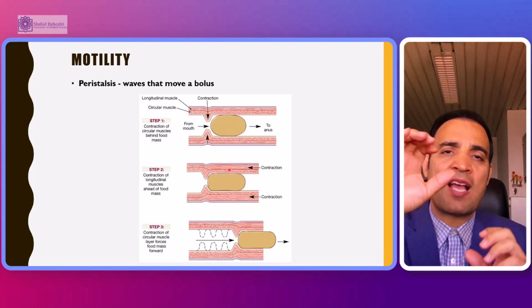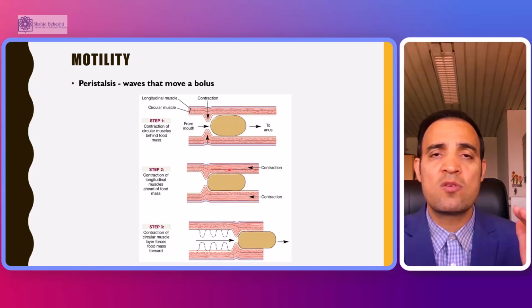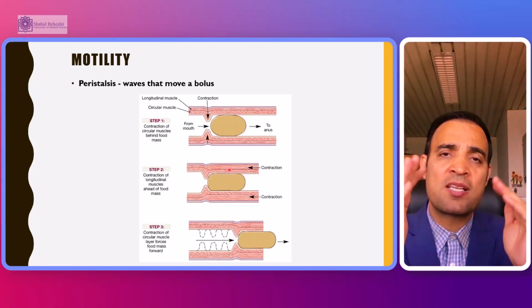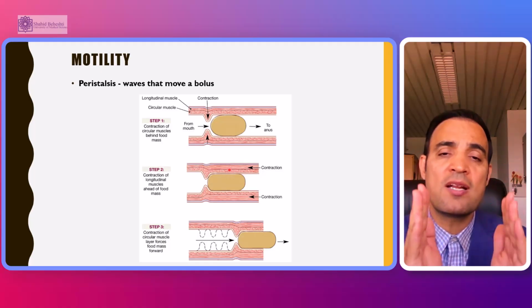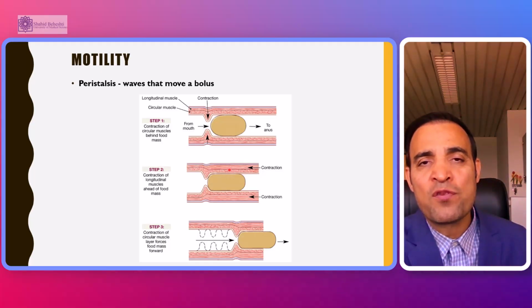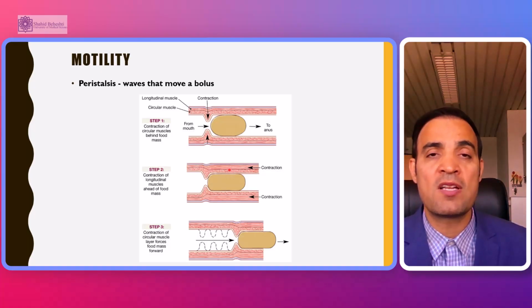So not only do we have a ring contraction that increases the pressure, but also a longitudinal muscle that makes the tube a little shorter, and therefore moves the food one step forward.